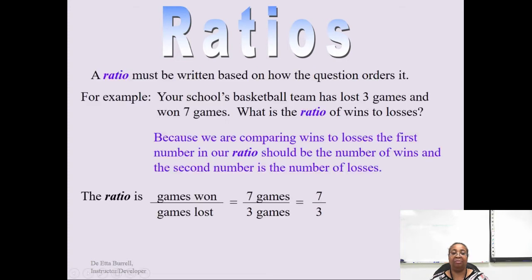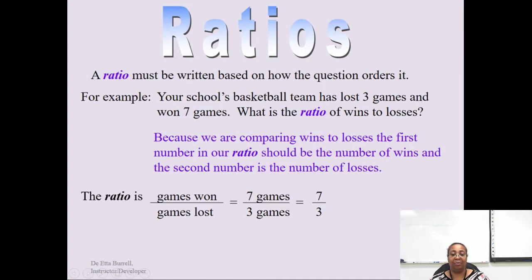Now, a ratio must be written based on how the question is ordering it. So even though the word problem may be wording it one way, you need to focus on the question in order to write it properly. So in this example, your school's basketball team has lost 3 games and won 7. What is the ratio of wins to losses?